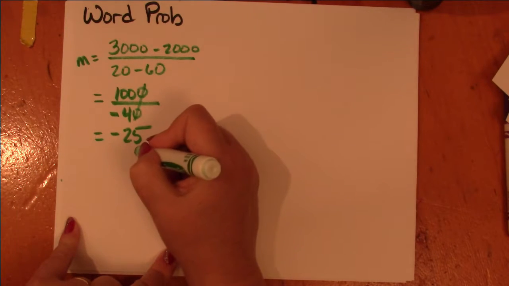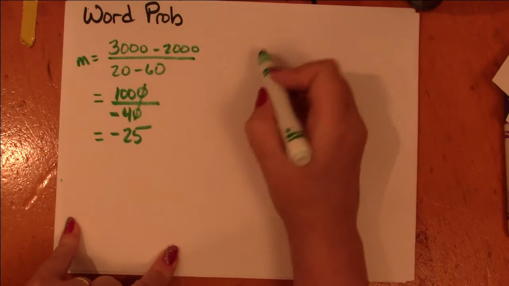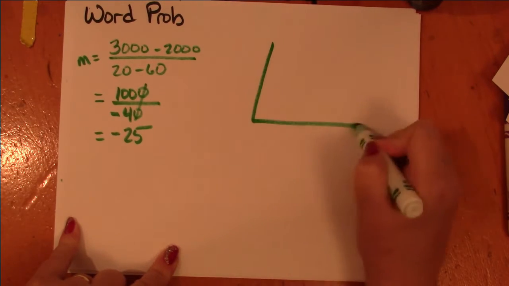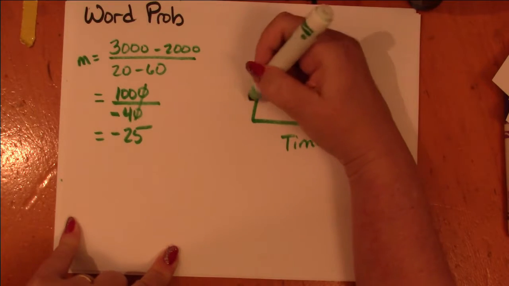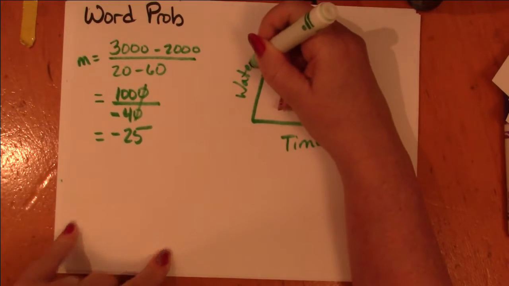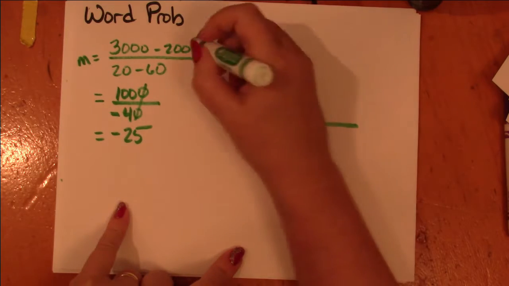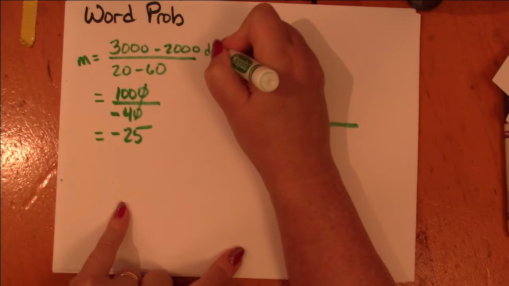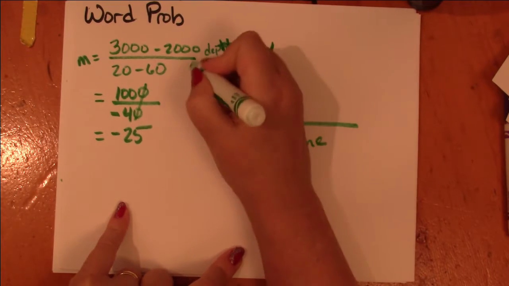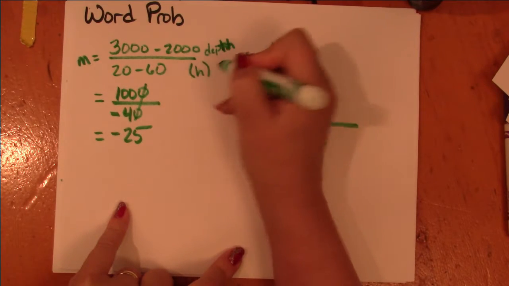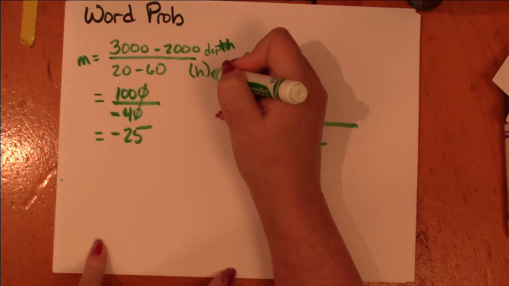And what does this slope represent? Well, we've got a graph that tells time on the bottom and the depth of the water on the side. So this is the change in the depth of the water versus how long in hours the time went by.